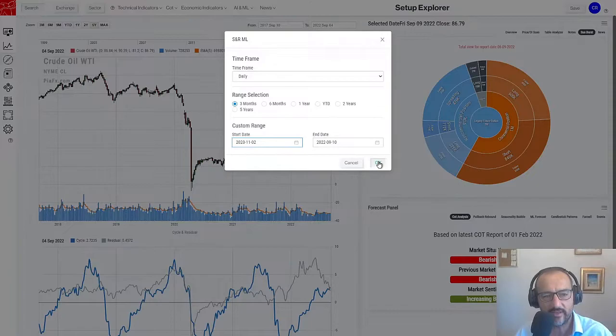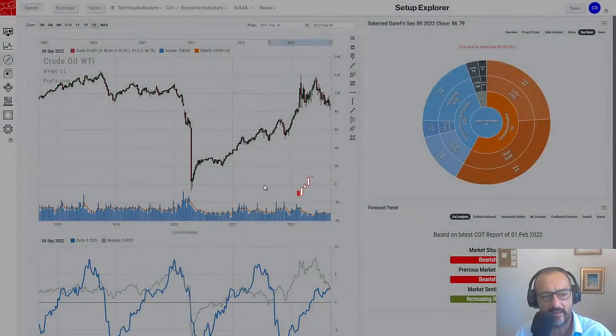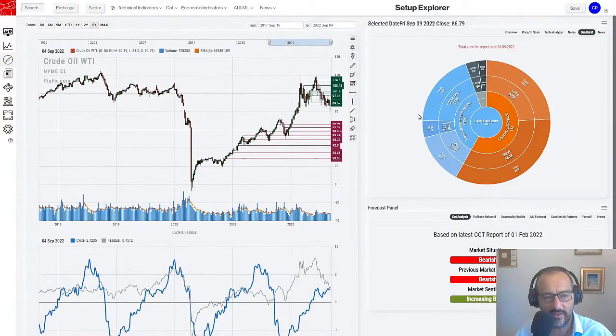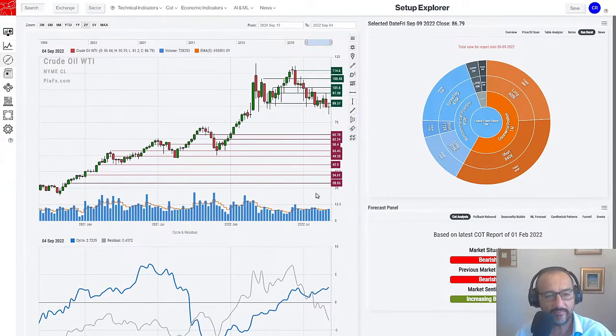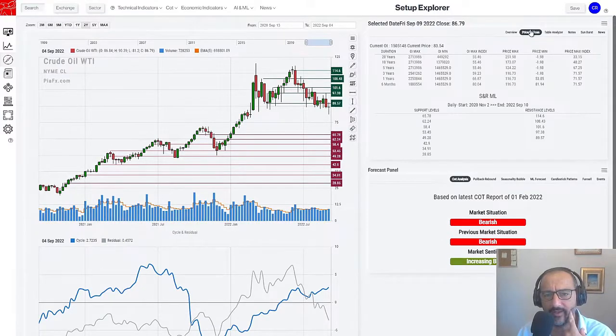So let's see our script in action. Okay, it's computing the levels. Great, those are the levels. Let's go deeper. We can use our price open interest scan area that is going to split what is support and what is resistance.